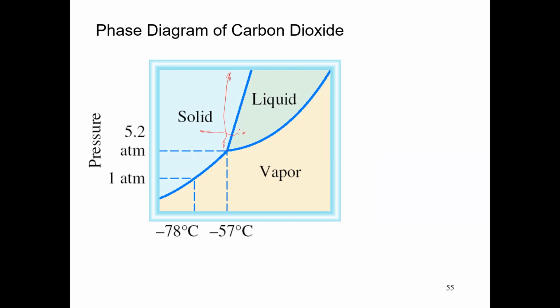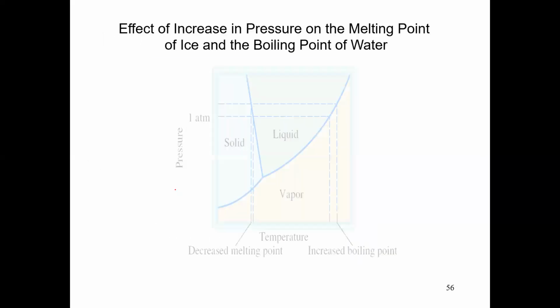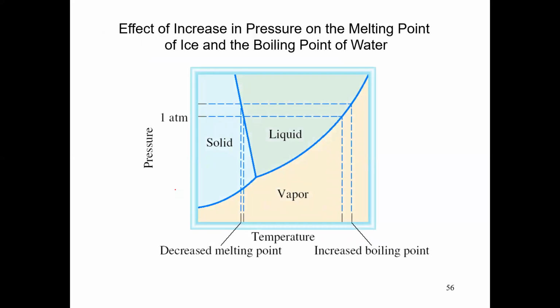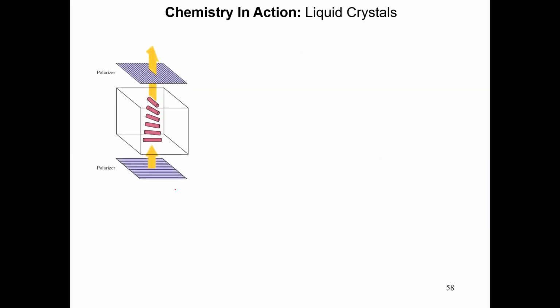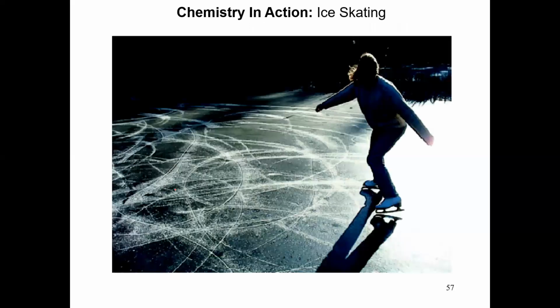Or you could even have a liquid at this point and drop it down, and it'll go to a vapor. Regarding the effect of pressure on the boiling point, essentially when you add pressure you get a change in the boiling point. And then ice skating is particularly interesting there. With ice skates, as I was showing you before, essentially people skate on liquid water.